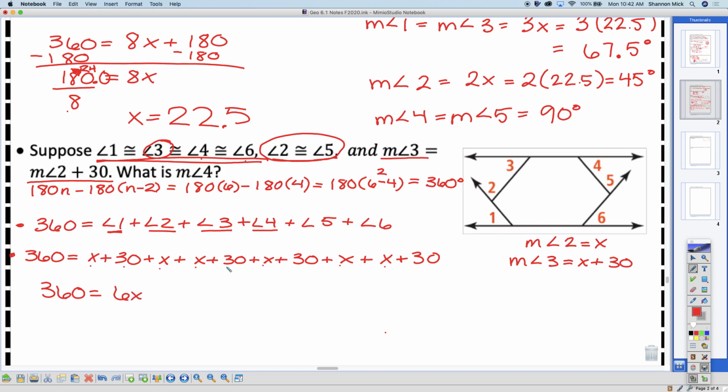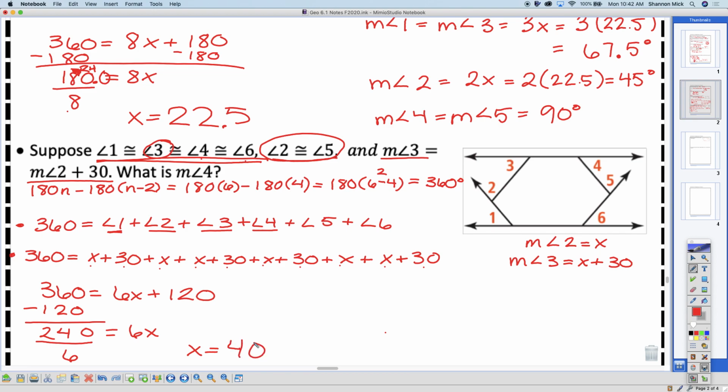And I have 1, 2, 3, 4 thirties. So 4 times 30 is 120. Then subtract 120 from 360, which gives 240. Divide by 6, you get 40.